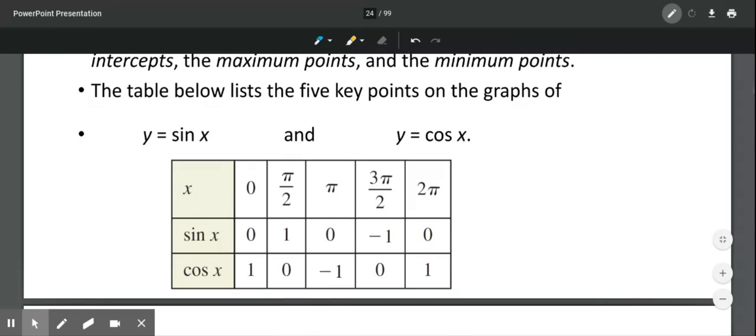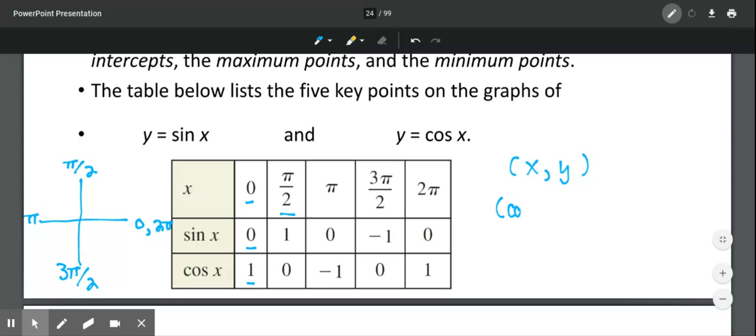And so here's a chart, right? So when it's 0, we have our sine and our cosine graphs. When we're at pi over 2, and again, remember, this is your unit circle, where we're at 0 and pi over 2 and pi and 3 pi over 2, and then we go back to 2 pi. And just a reminder that on your unit circle, when we're looking at that x and y coordinate, your x is your cosine value and your y is your sine value, right?